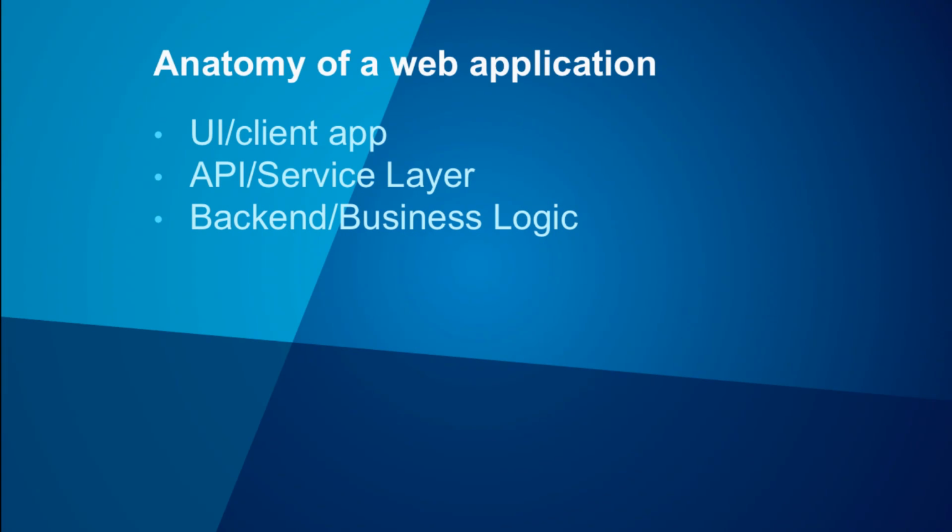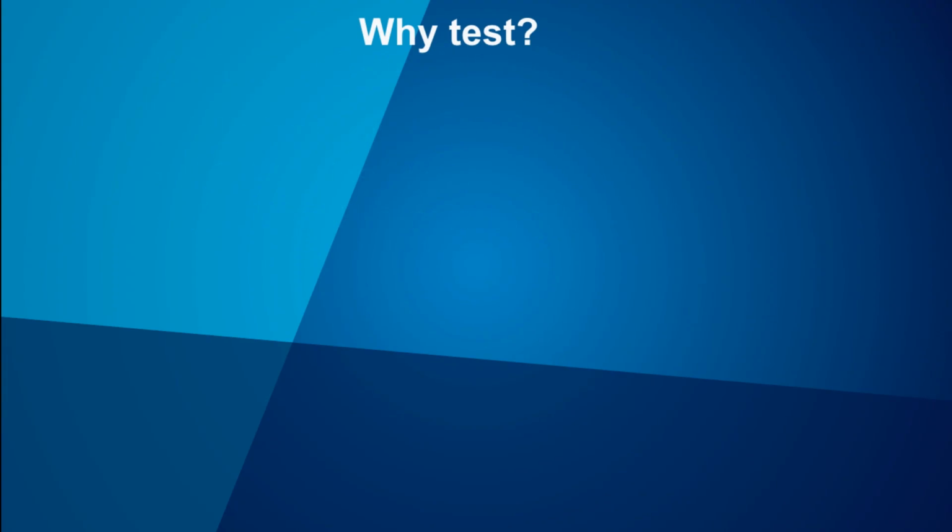All right. So starting off, the anatomy of a web application. This is pretty standard stuff. You have a UI, API, and usually a backend or business logic layer. So why test? People get upset when you build things and they don't work very well. So it's usually a pretty good idea to trust but verify that it works.